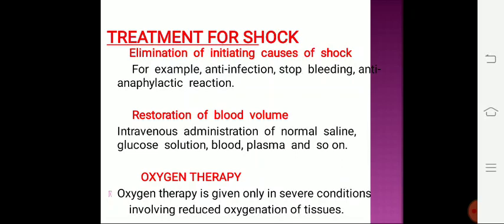Now, we talk about the treatment of shock. The treatment of shock is aimed at correcting the cause and helping physiological compensatory mechanisms.